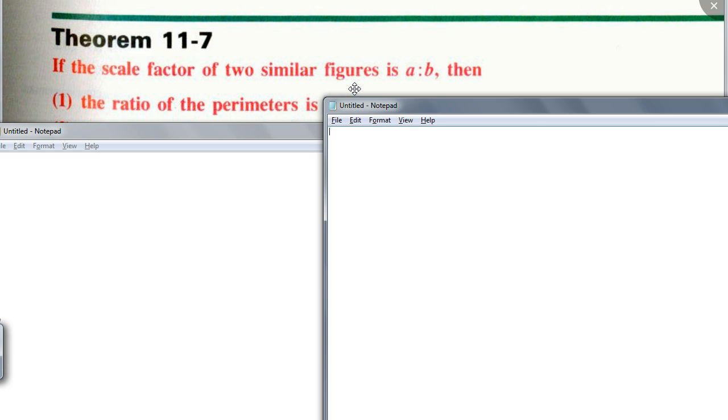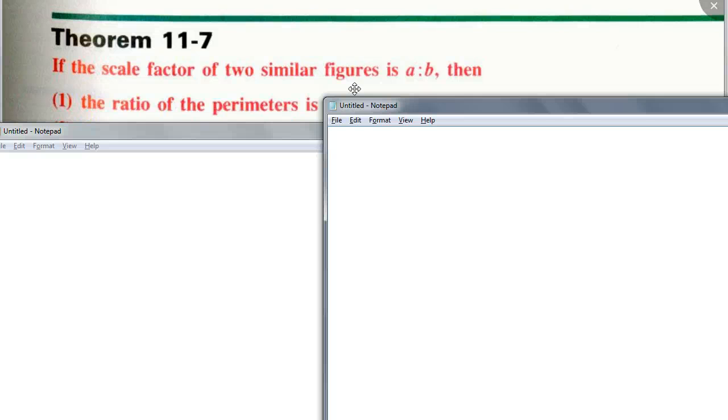If the scale factor of two similar figures is a to b, think about similar triangles or similar polygons. What do you think the ratio of their perimeter will be? We sort of did this when we were talking about the ratios of similar polygons, ratios of their corresponding sides.